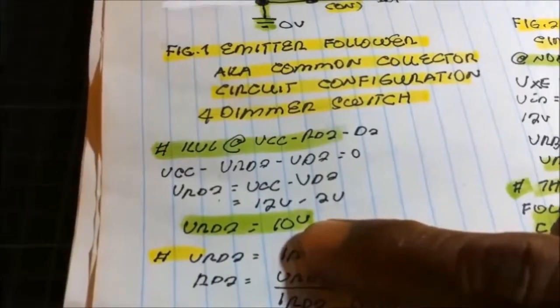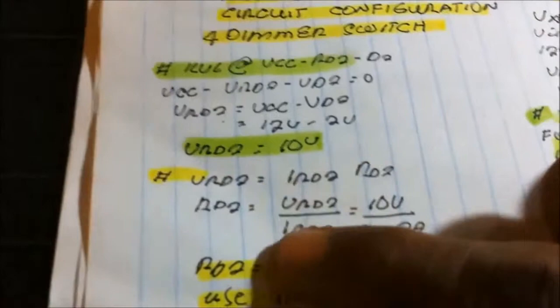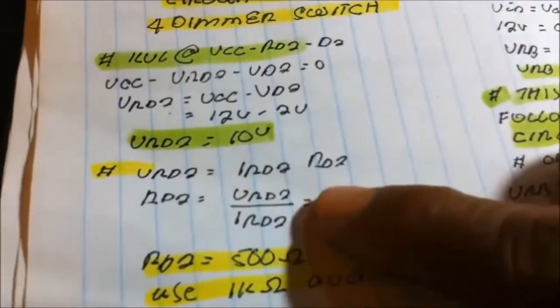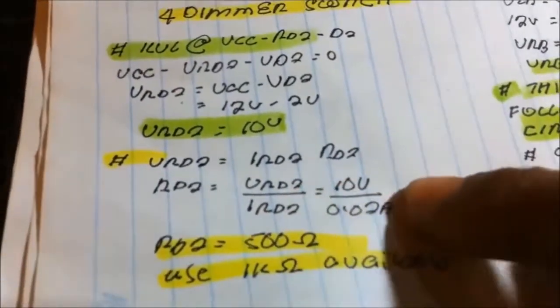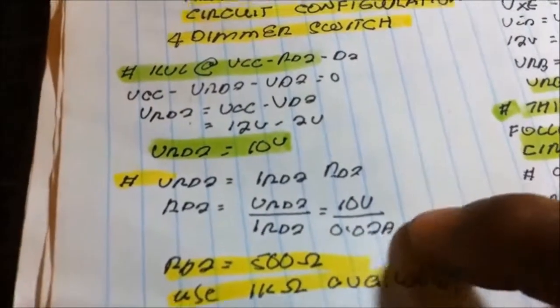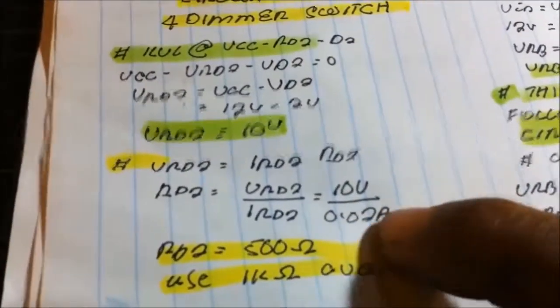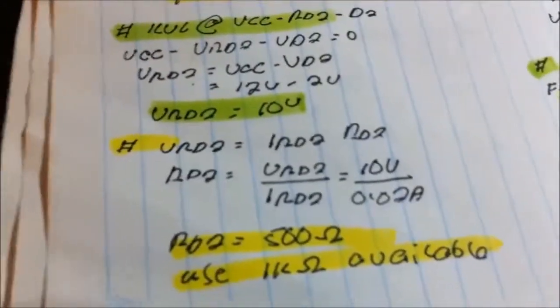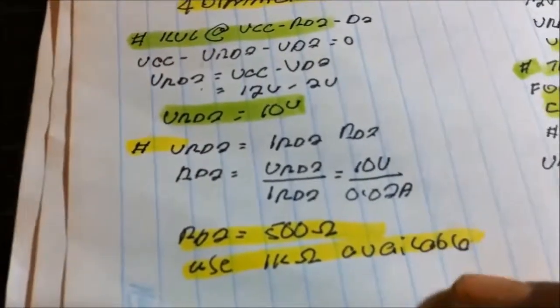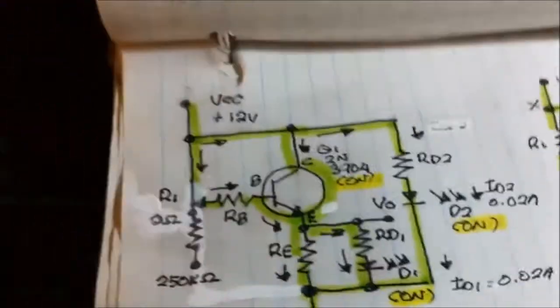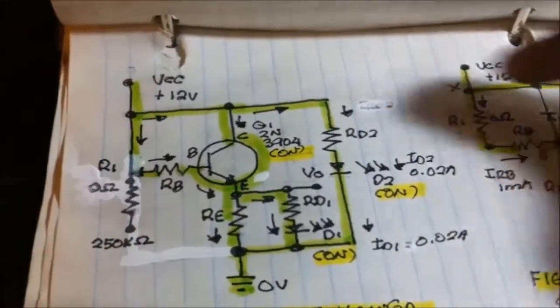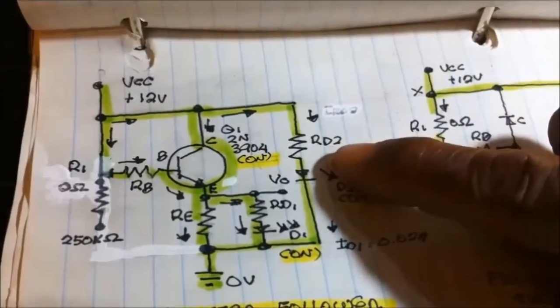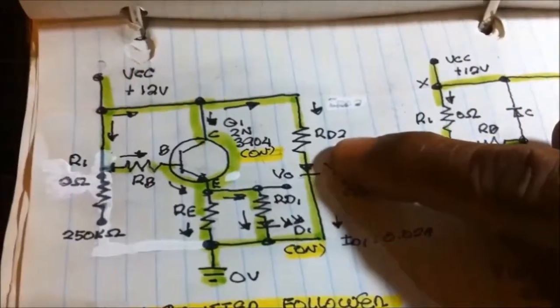We got 10 volts voltage drop at RD2. Using Ohm's law, transposition, substitution, current rating of the LED 0.02 given in the data sheet, we got 500 ohms, and I'm using 1 kilo ohm, my available resistor, and it's okay. So we got the first value of RD2, 1 kilo ohms.